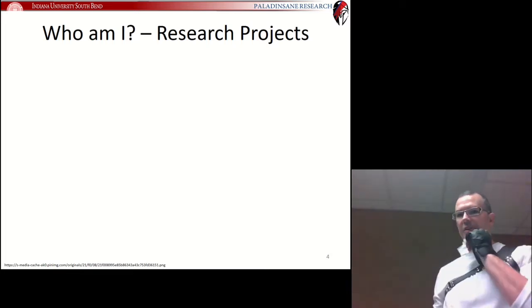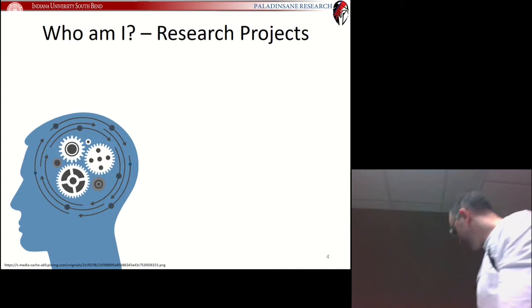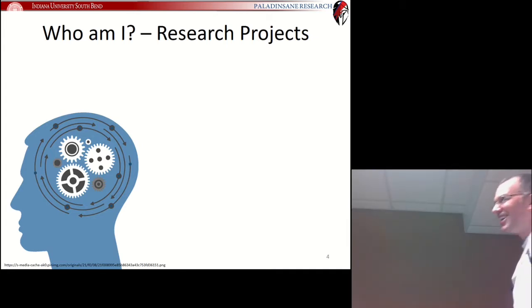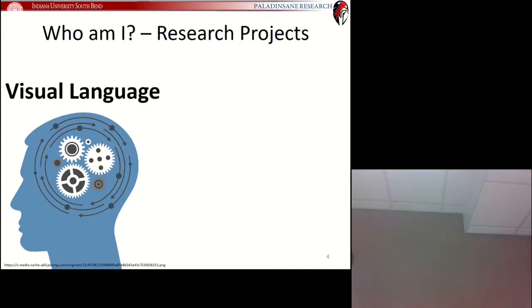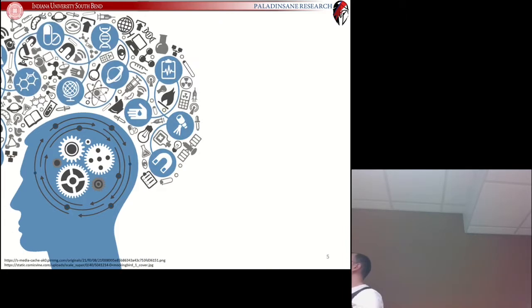All right, so in terms of research projects, as I mentioned before, I work in visual language. So how does our mind understand visual information, pictures, images, emojis? How do we understand things that are not words?